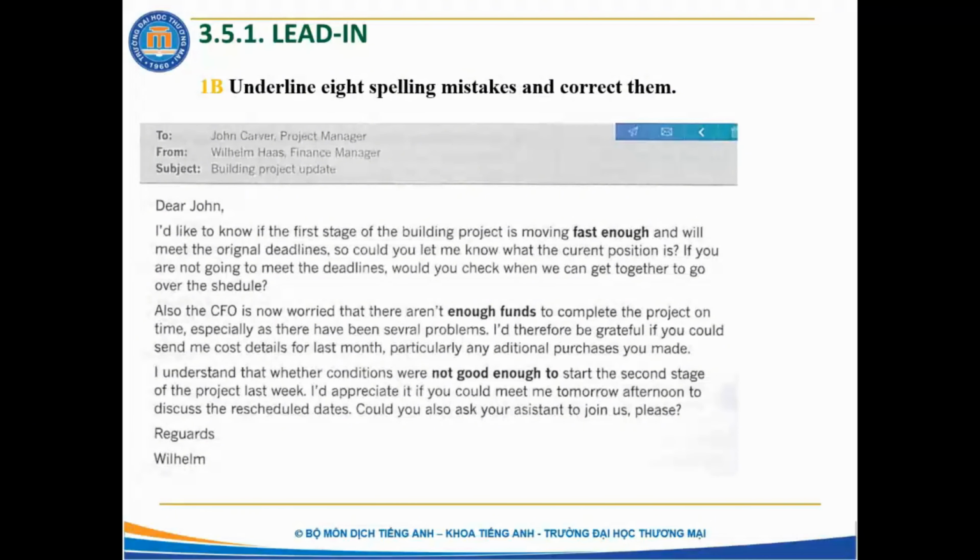So in paragraph 1, are there any spelling mistakes? Alright, so we have the first one, original, alright, and the second one, current. Okay, and the third one, right, and what is the correct spelling for this word?